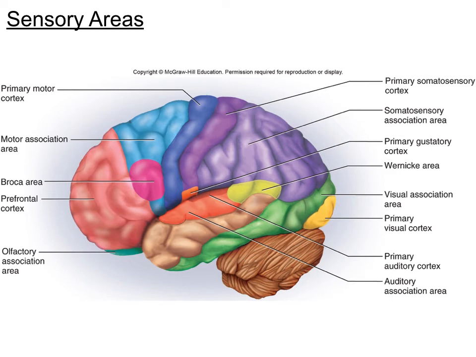Now let's go to your posterior side of the cerebral cortex. We'll talk about your primary visual cortex. The primary visual cortex is the posterior tip of both occipital lobes. So it's the little teeny yellow area, that very posterior tip. Now, this area gives you visual perception.